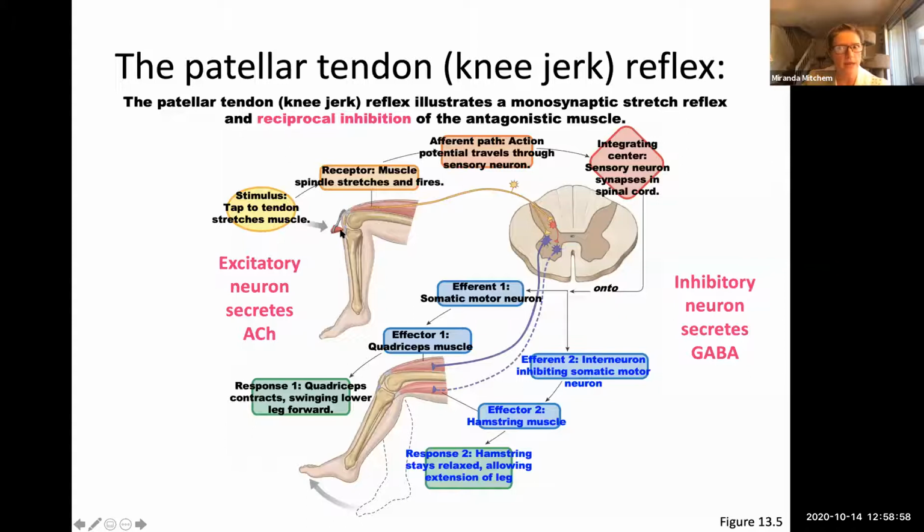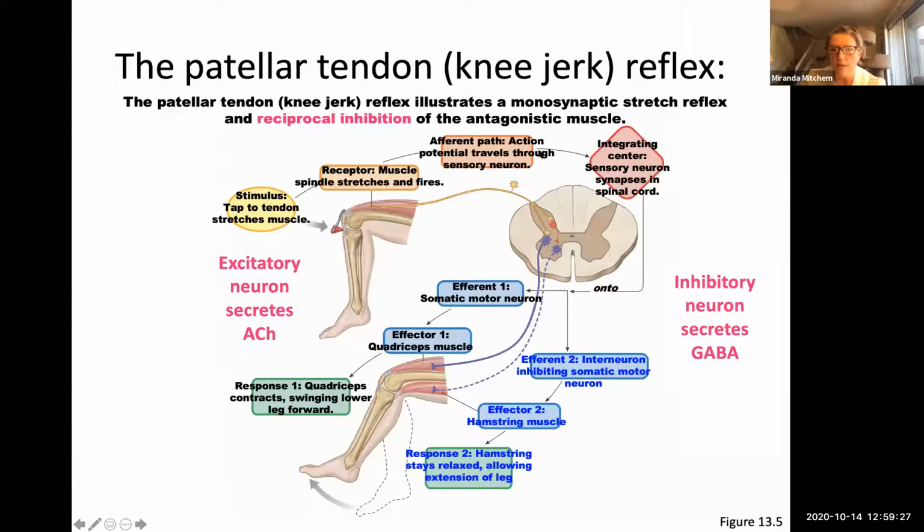We're going to come back to that in learning another reflex. So the stimulus is picked up by what are called muscle spindles. This is a special part of the skeletal muscle that responds to stretch. So tapping that specific place with that hammer stretches that part of the tendon, and that triggers the pathway.